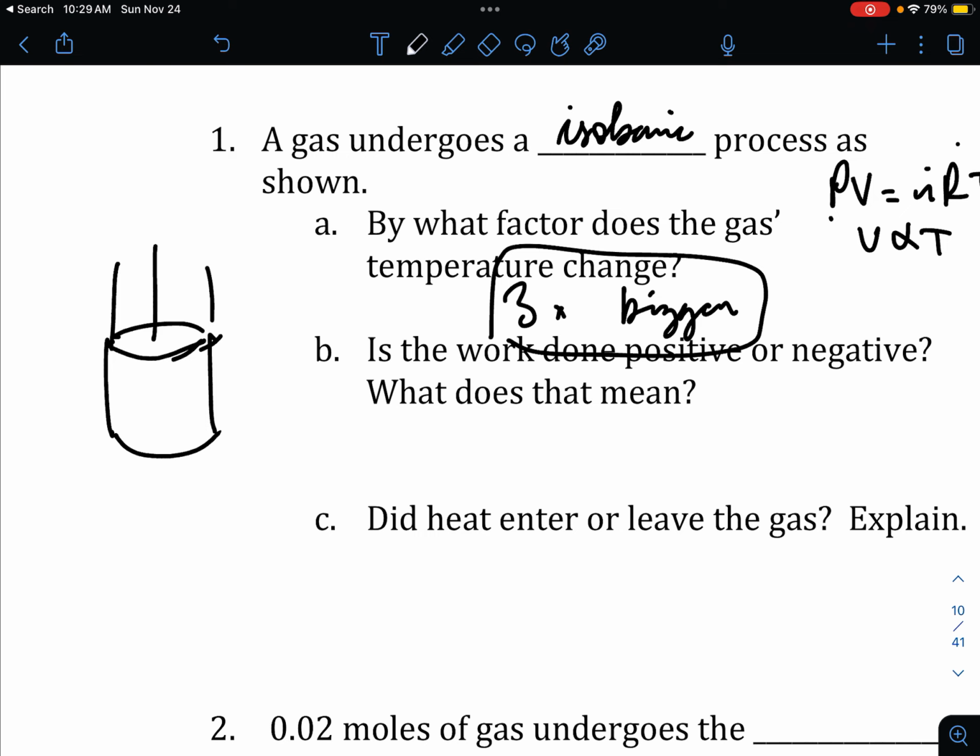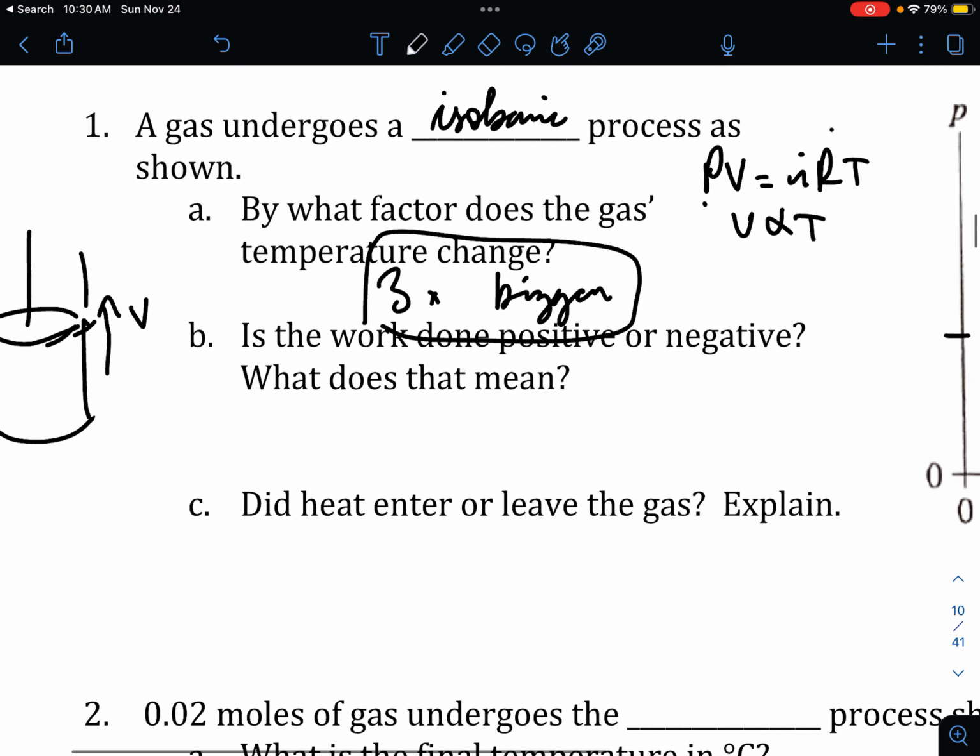If the volume got bigger, that means the gas must have done work on the piston, in order to raise it. So the work done on the piston is positive, and the work done on the gas is negative. So I'll say negative because gas does work on piston.